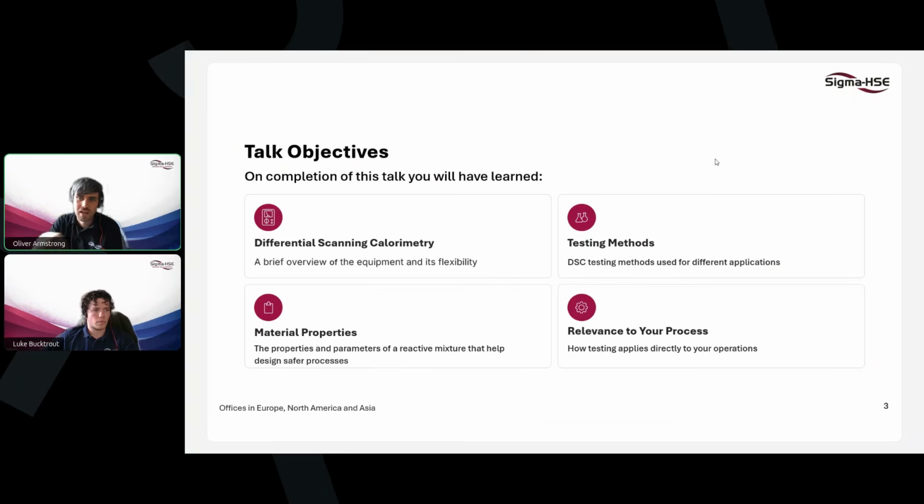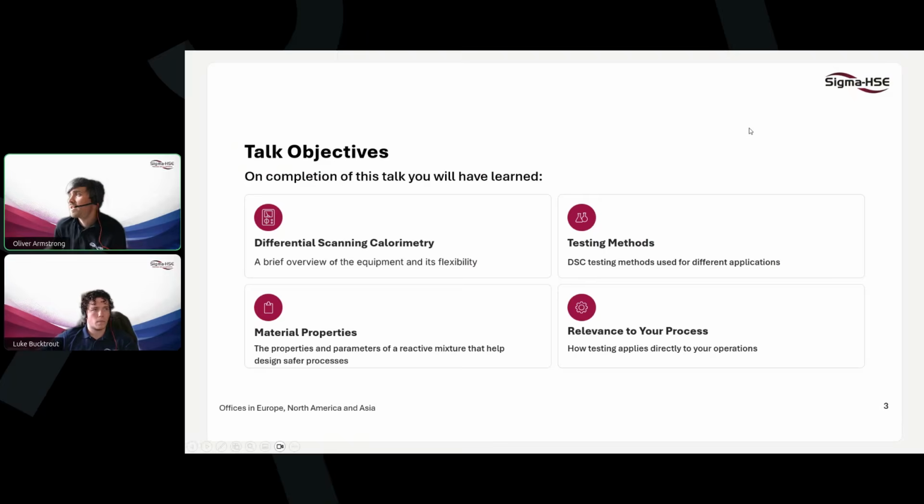And then finally, trying to tie it back to what we're doing here at Sigma-HSE, how it all relates back to our clients' processes, or indeed your processes here on this call. Really, it is our job to understand how to use the equipment and to select the appropriate testing methods, and additionally how to make the best use of the data to apply to your processes in industry to ensure safe process, scale up and continuity.